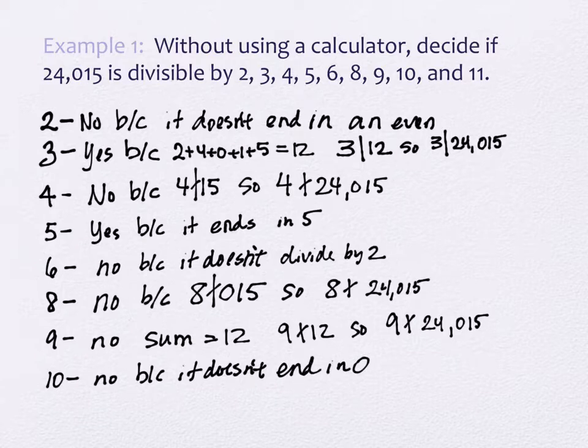And 11. Okay, so let's run through the 11 test again. So this is 24,015. Every other digit: 2, 0, 5. What are the blue ones? 7.